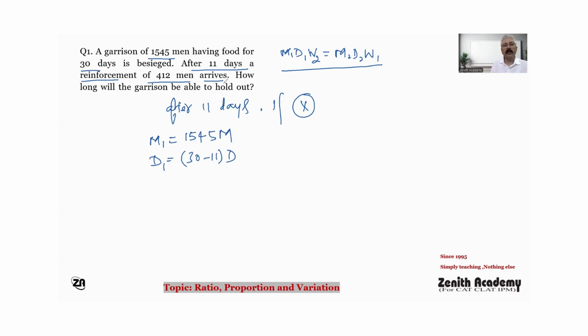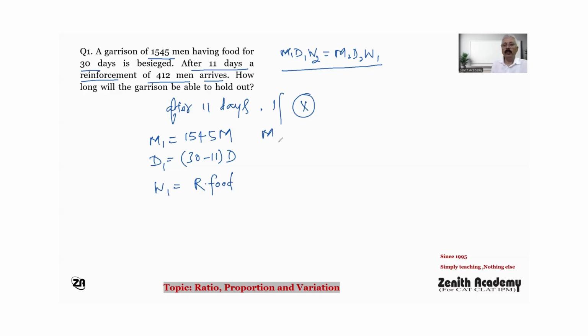Initially it was for 30 days. After 11 days, in 11 days they have consumed some amount of provisions. So what is left is for 30 minus 11 days. And W1 you will take as the rest of the food, the rest of the provision.